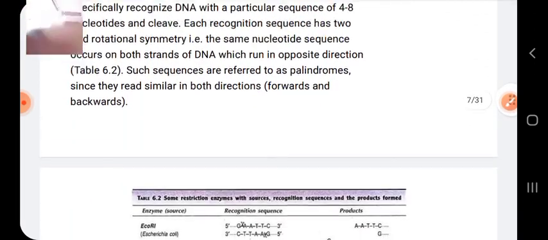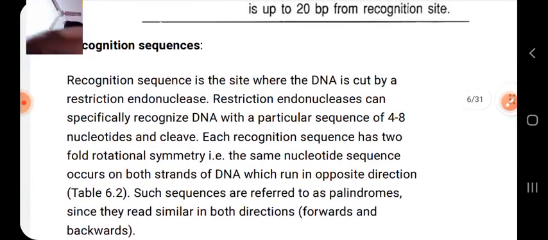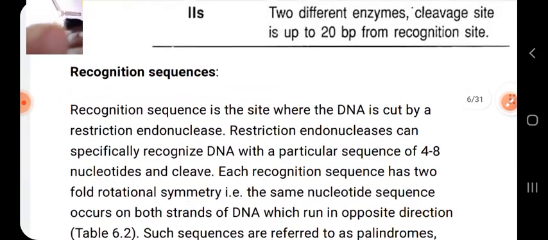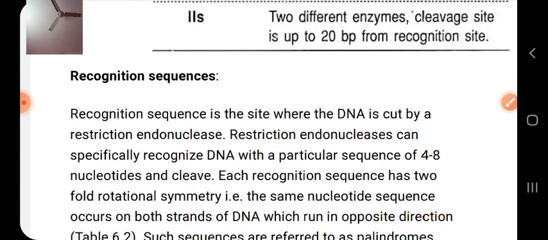Okay. So more preferentially we use type 2 and type 3 restriction enzyme, right? Now comes the restriction recognition sequence. Which sequence they identify, what is the speciality of the sequence that this restriction endonuclease identifies and cleaves. Let us see.